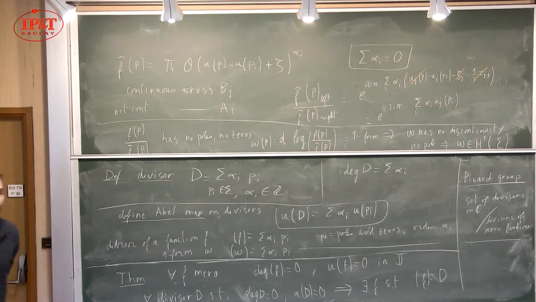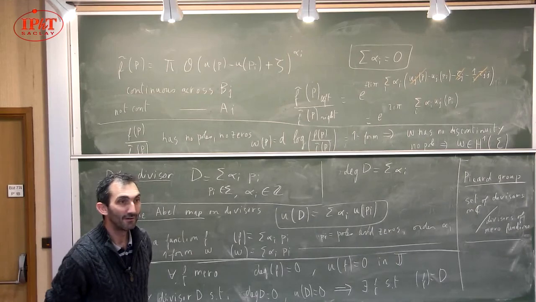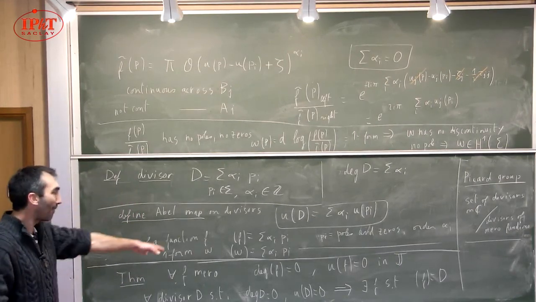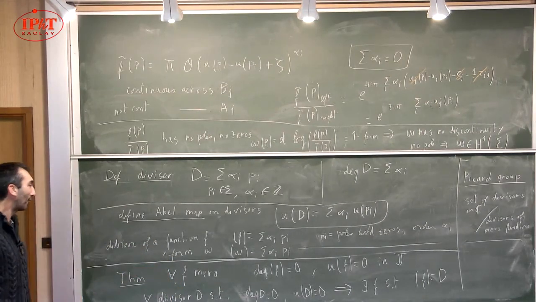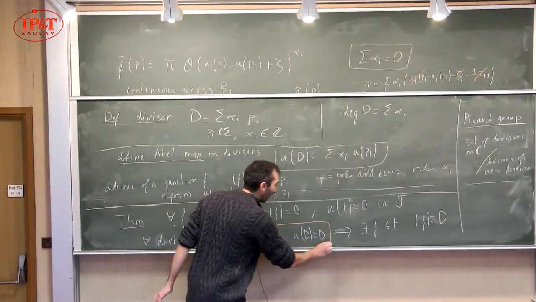What happens if the degree of the divisor is equal to 0? Does it have an immediate answer? What is the space of these functions? If you just take degree of the divisor equals 0, but Abel map non-zero. So here you want two things: you want degree equals 0 and you want U of D equals 0.